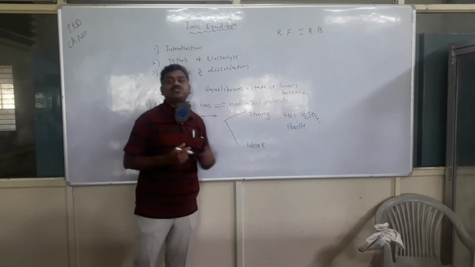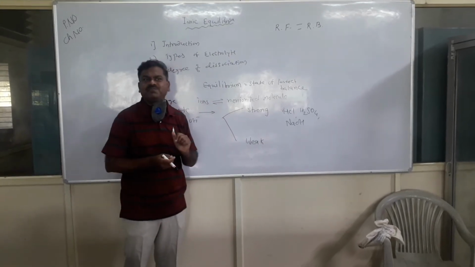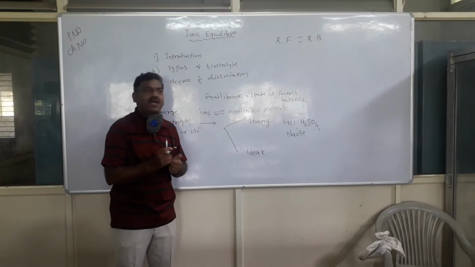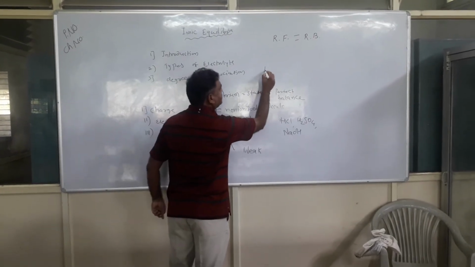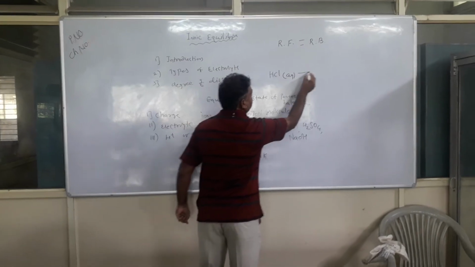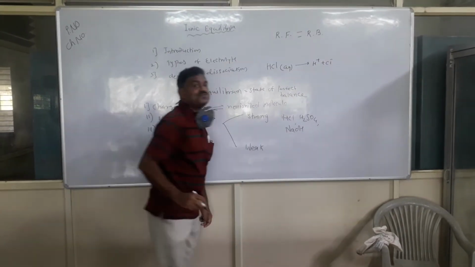Why is this called a strong electrolyte? Because when HCl dissolves in water, in aqueous form, it gives H plus and Cl minus ions.